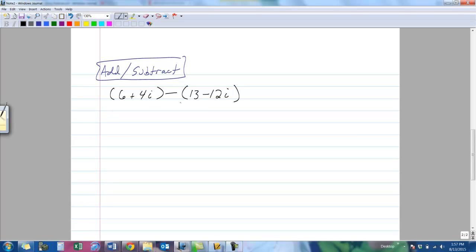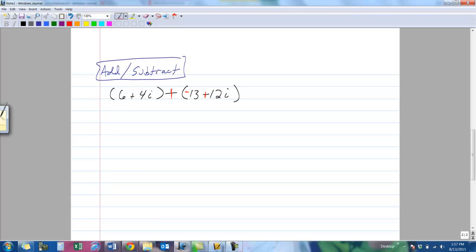If I have a group minus a group, I'm going to change this minus to plus. That's how I roll. But if I change this to plus, I have to change the signs inside of here, right? So this would be negative, positive, the opposite of each one. Now it's 6 plus 4i plus negative 13 plus 12i.